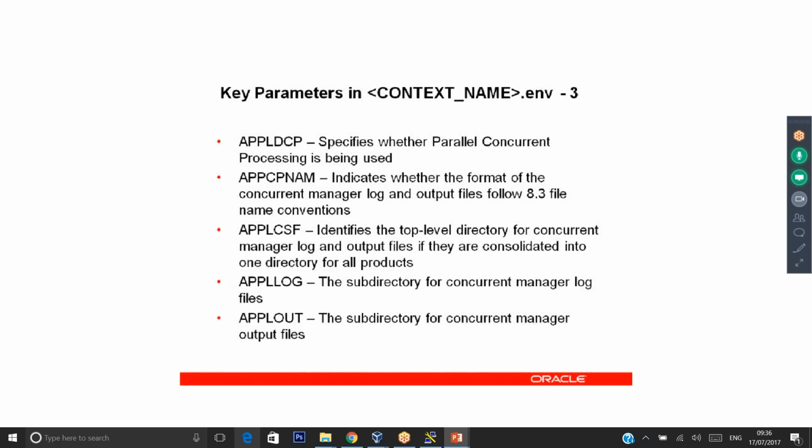They may also ask how you find the concurrent manager log file and how you find the concurrent manager output file. When you echo APPLCSF and APPLLOG, you'll see the concurrent manager log. With APPLCSF and APPLOUT, you'll see the concurrent manager output file. I'll show you here.